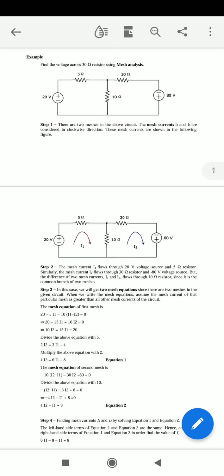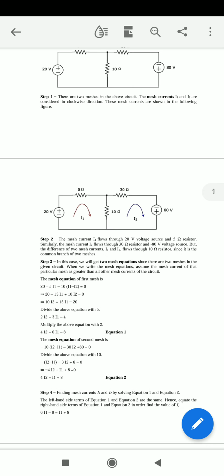In the 5 ohm resistor only I1 flows, and in the 30 ohm resistor only I2 flows. We only mark the polarity, positive or negative.